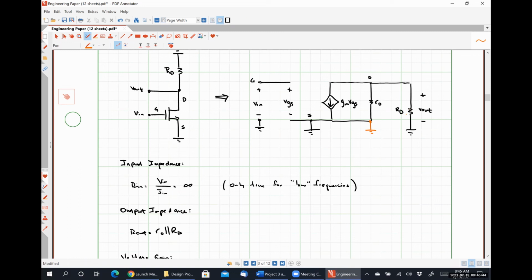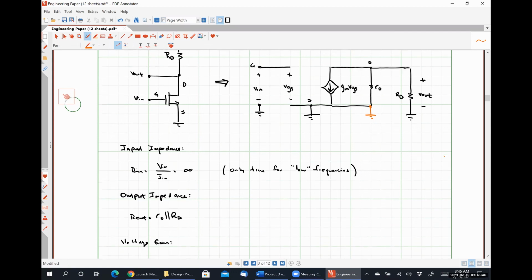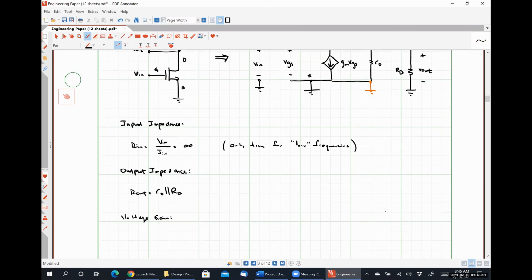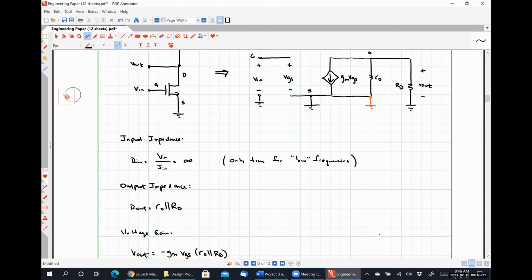Okay. So it stands to reason that we can easily determine that V out is simply negative GM VGS times R naught in parallel with RD, right?